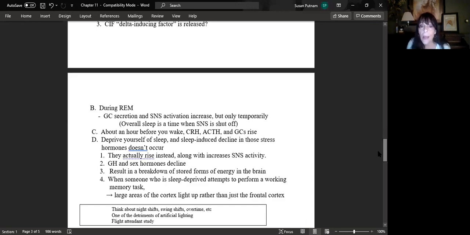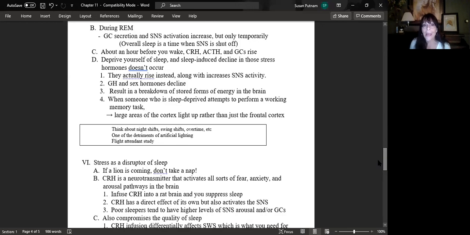Now, this kind of situation has real implications for those who have different types of jobs. Think about people who work night shifts, or even worse, swing shifts, where for a couple of weeks you work from 7 to 3, then a couple of weeks from 1 till 9, and then a couple of weeks 3 to 11, whatever.